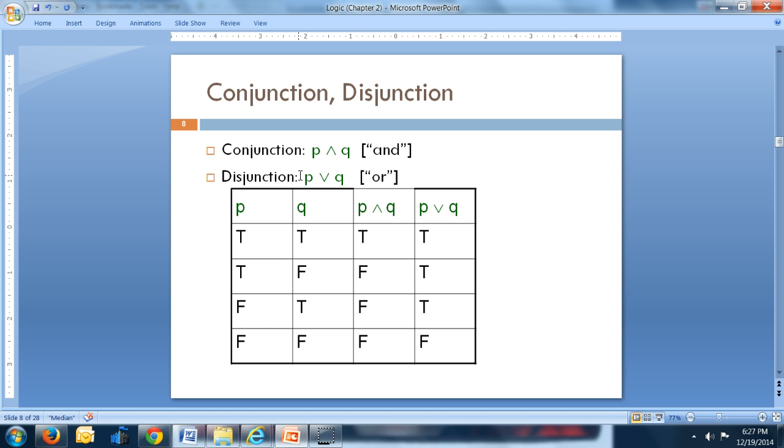Now let's look at the column for the conjunction, which is the and. P and Q, in this case, will have true, false, false, false. So it is only true when both of them are true.